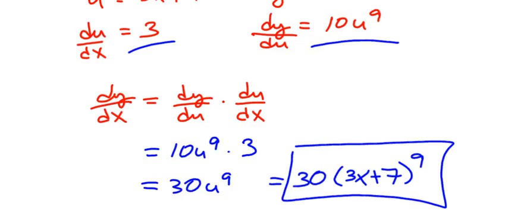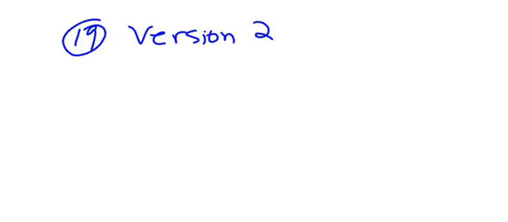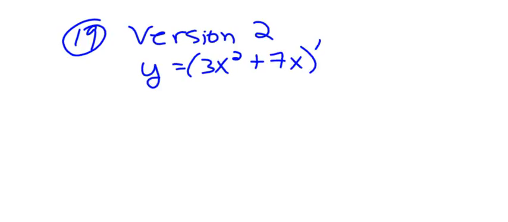Let's try one that has a version 2. So if we do one with version 2, number 19, given this function, slightly similar to what we just had.